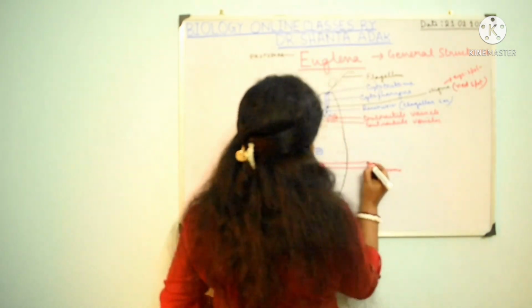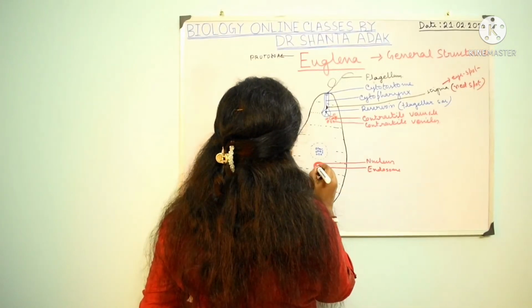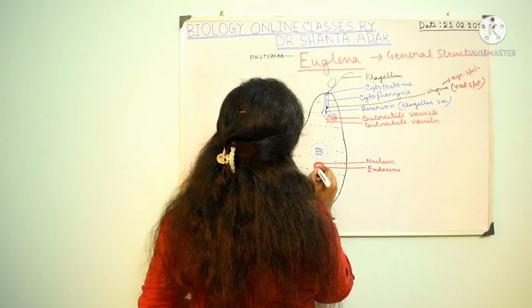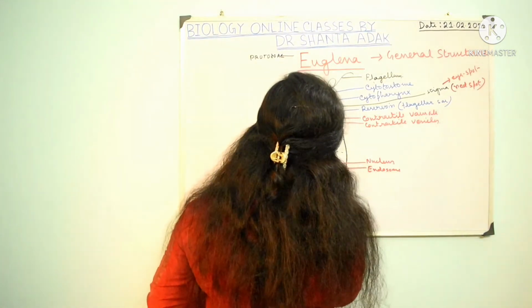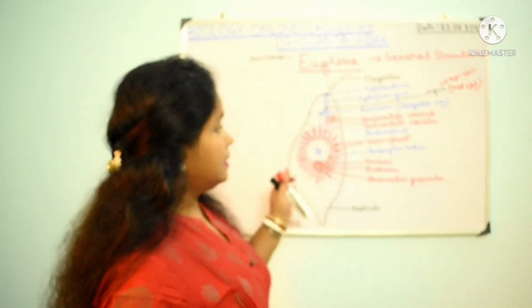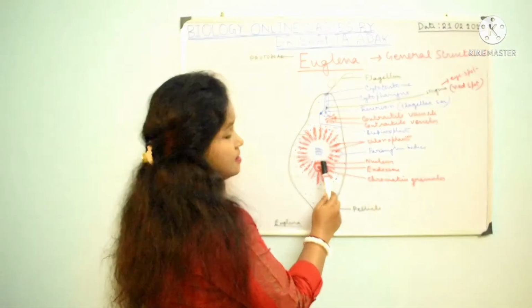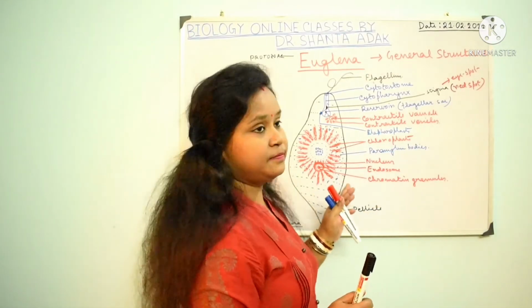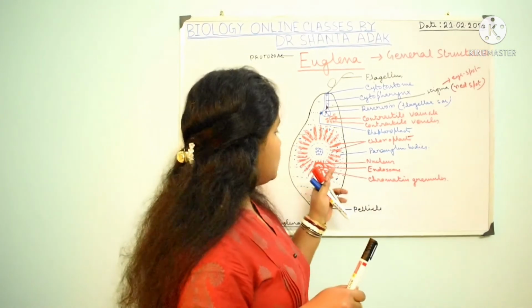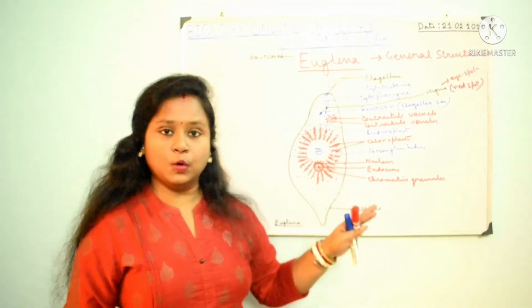This one is nucleus, and these dotted are chromatin granules. This is all about the detailed pointed diagram of Euglena viridis. This is the nucleus as I have described, paramylum bodies, and these are chloroplasts.